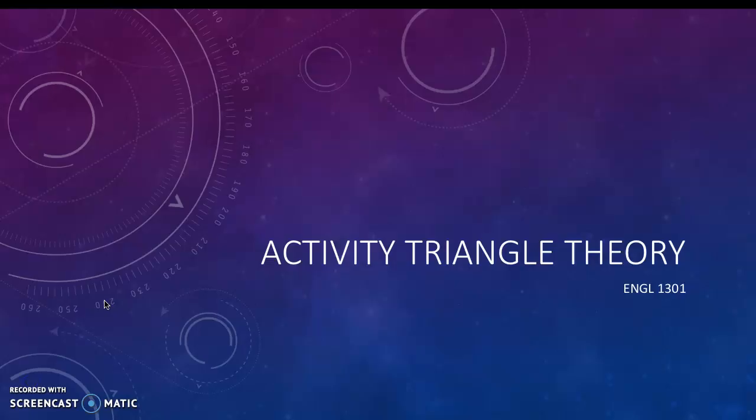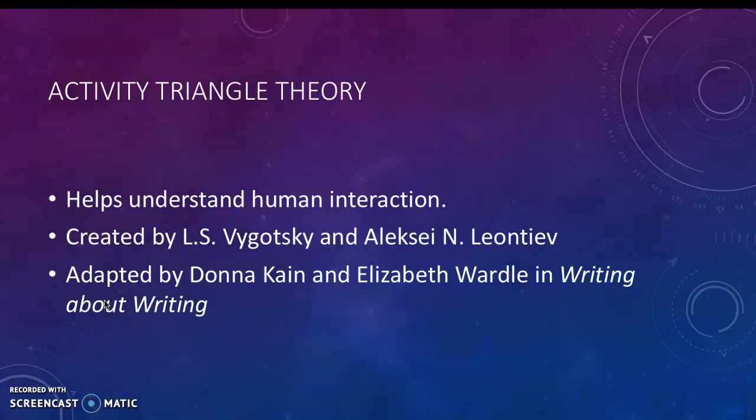So now let's talk about this triangle theory and explain it a little bit more. Activity triangle theory helps us understand human interaction. It's a little bit more focused versus John Swales's on just how individuals communicate in a community. We are looking at the adapted version by Kain and Wardle, and they published it in a book called Writing About Writing.